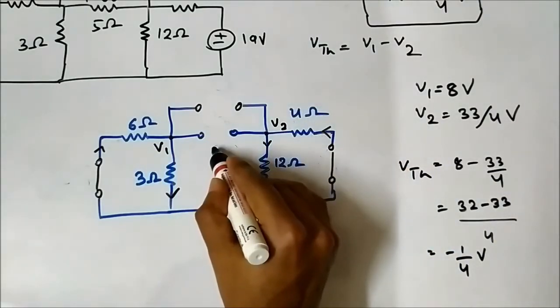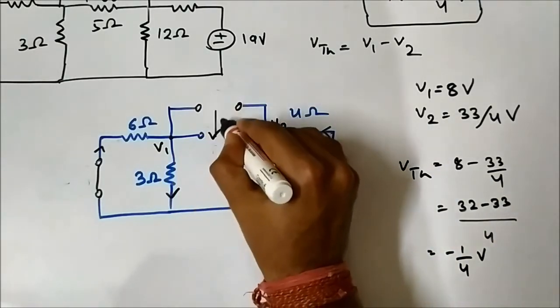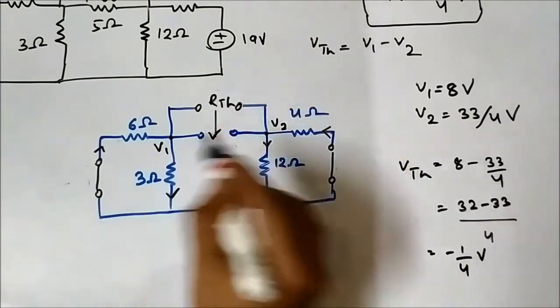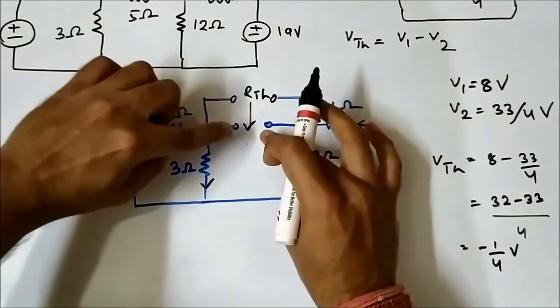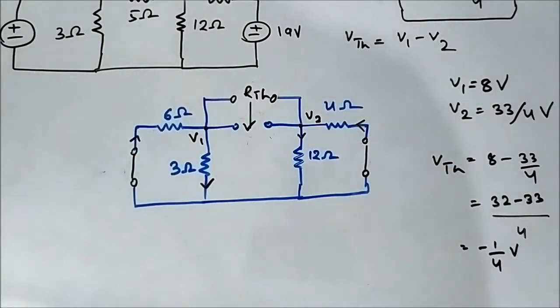Okay, so the RTH here between these 2 points will simply be, 3 and 6 are in parallel, 4 and 12 are in parallel, then they get added up.